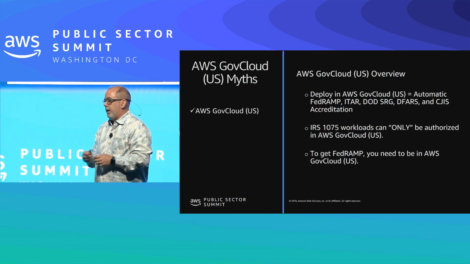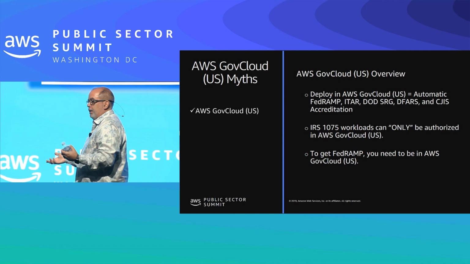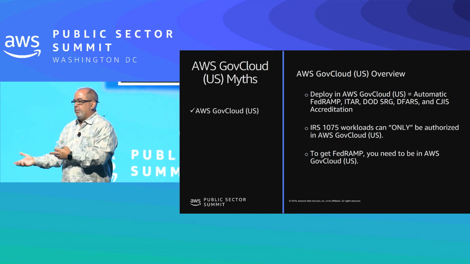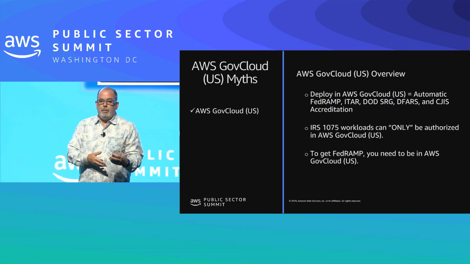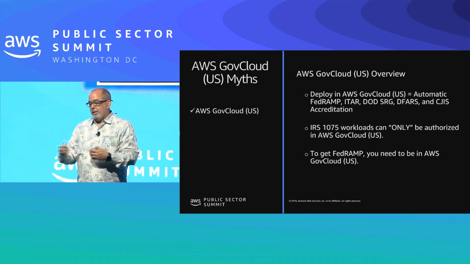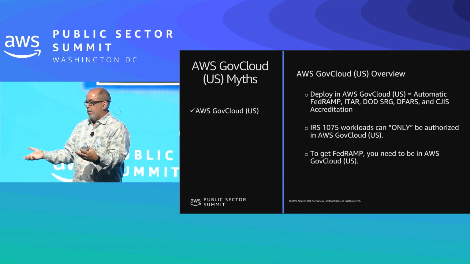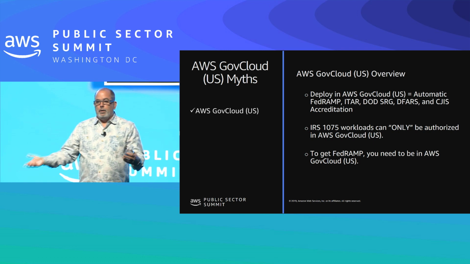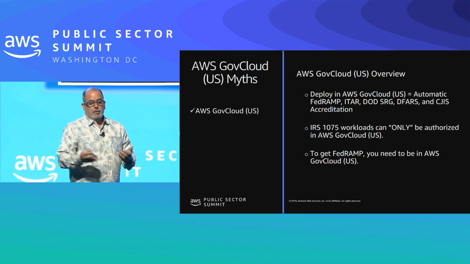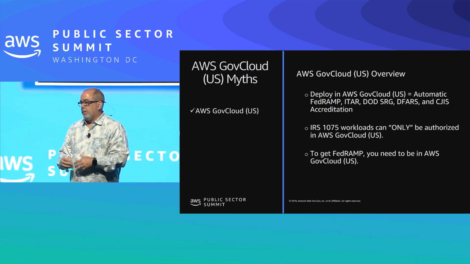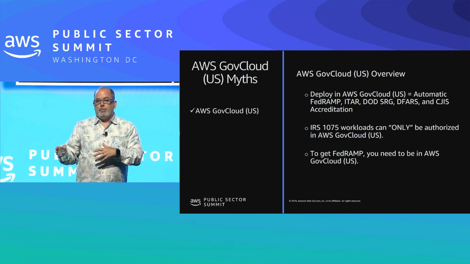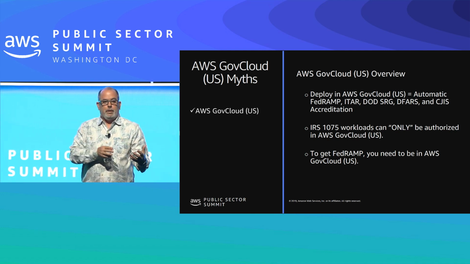So they have to do annual reporting for IRS 1075. And there's obviously a big push to move those types of workloads to Amazon. But there's a myth, and I hear it all the time, that I can only put those types of workloads in GovCloud, and that's not necessarily the case. We can actually run those types of workloads just like other regulated workloads in our east-west environments too. You just have to know which compliance vertical you're looking at.